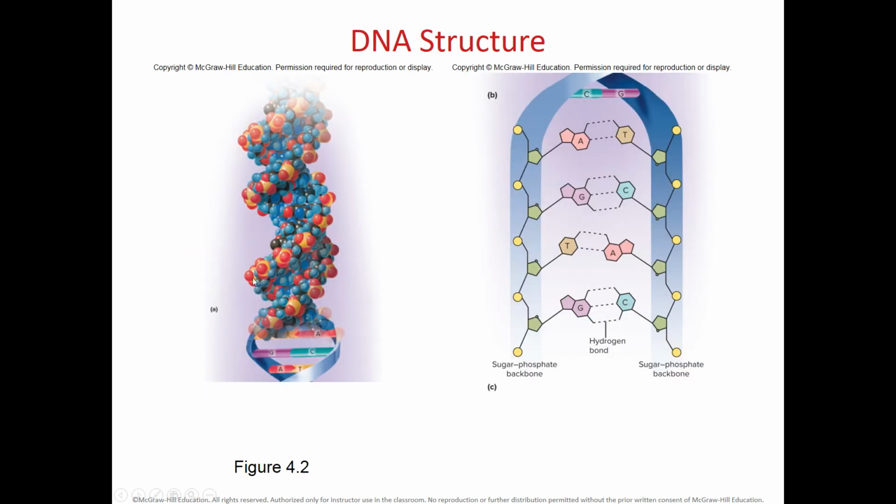At the atomic level, that's how these molecules of DNA will look. So it looks like a spiral staircase in which you have 2 strands.